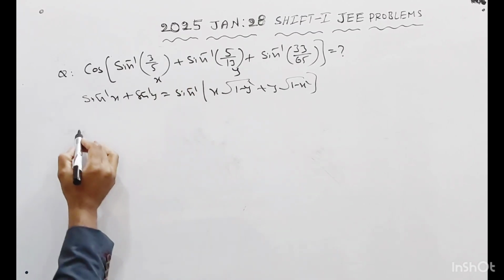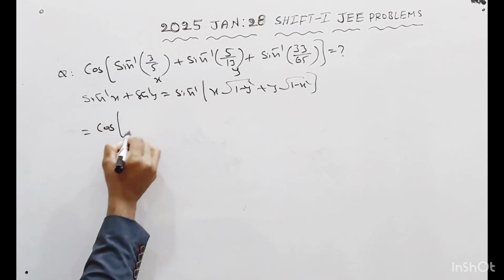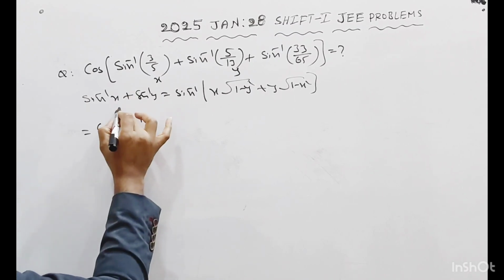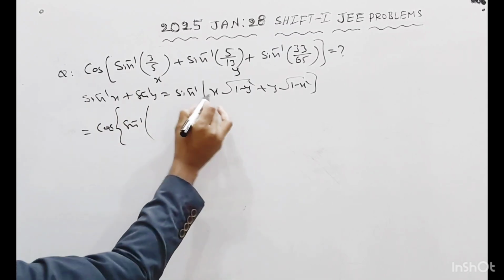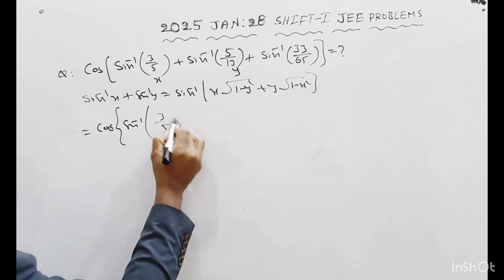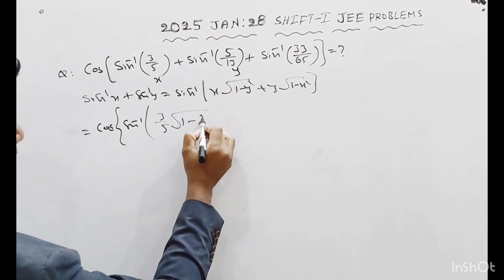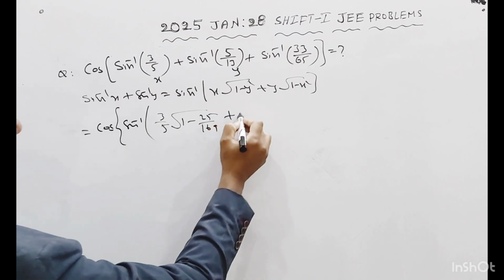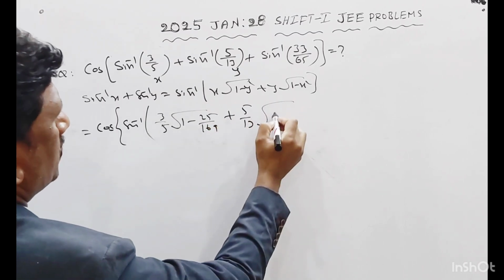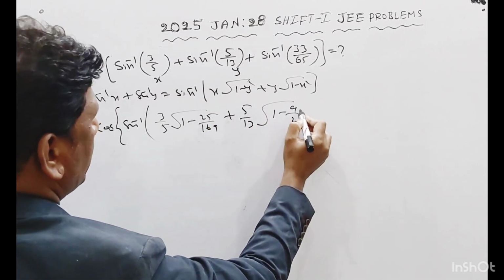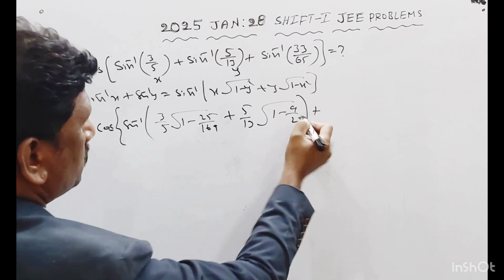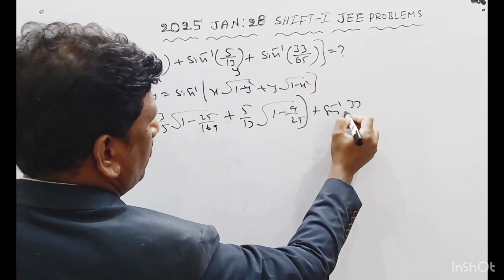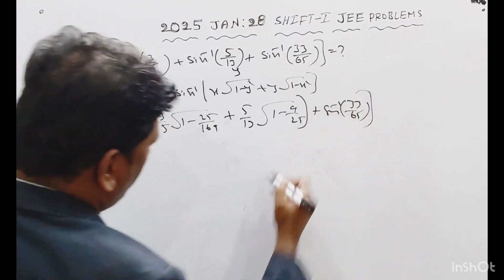Then apply this formula, so that you will get cos of sine inverse of x, that is 3 by 5, root of 1 minus y square, 25 by 169, plus 5 by 13, root of 1 minus 9 by 25, plus sine inverse of 33 by 65, as usual.